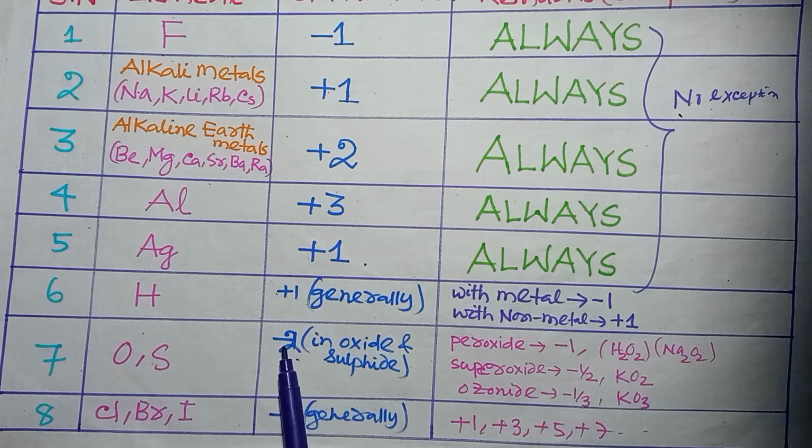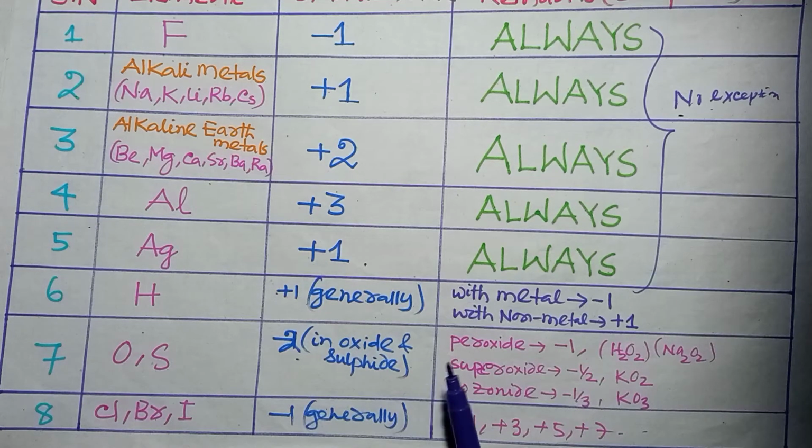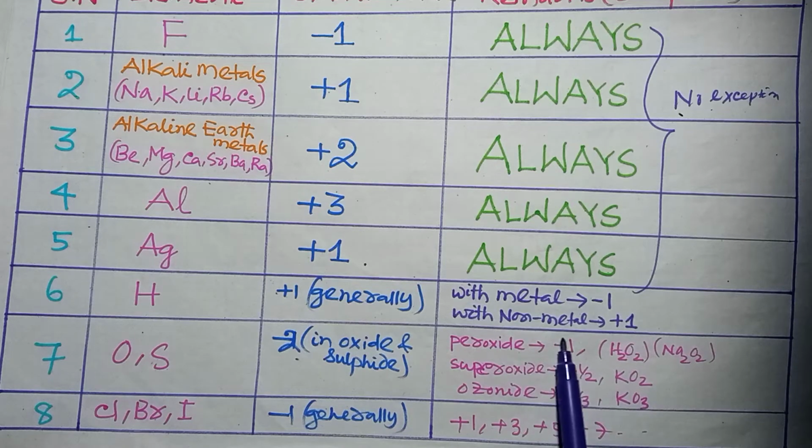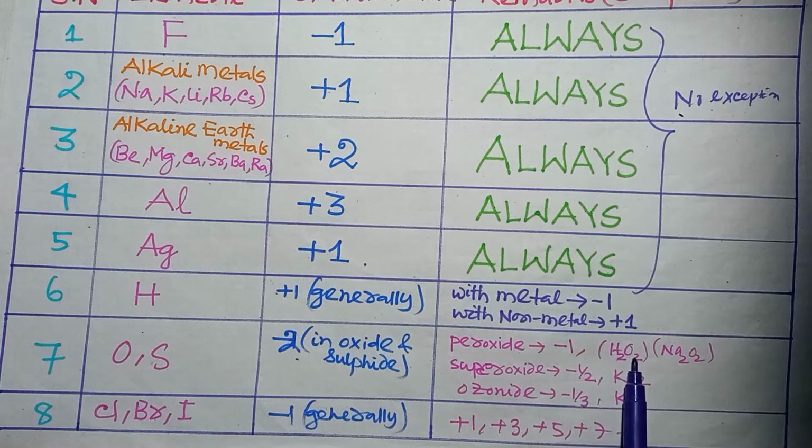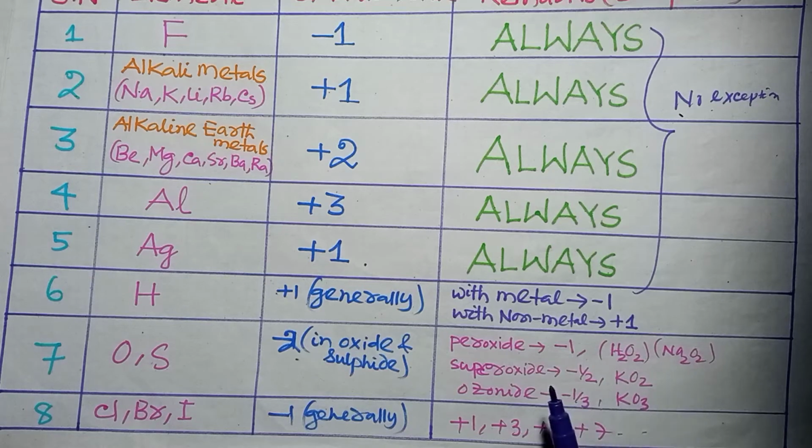Here it is for oxygen and sulfur. Oxygen and sulfur have an oxidation state of -2 in oxide and sulfide respectively. But in the case of peroxide, the oxidation state of oxygen is -1, for example H2O2, Na2O2, etc. In the case of superoxide, the oxidation state of oxygen is -1/2, for example KO2.